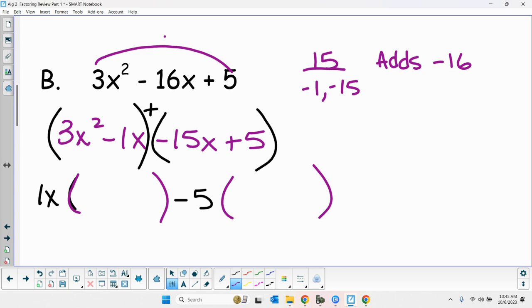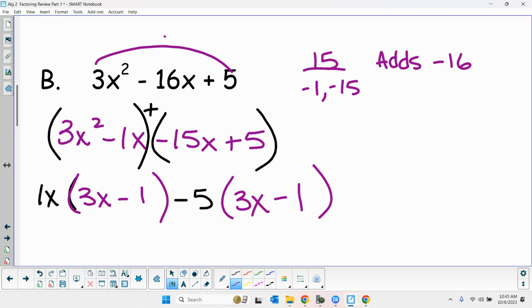All right. What's 3x squared divided by 1x? What's negative 1x divided by 1x? Negative 1. What's negative 15x divided by negative 5? Positive 3x, right? What's positive 5 divided by negative 5? Negative 1. So you got to pull that negative out so that these will be the same.